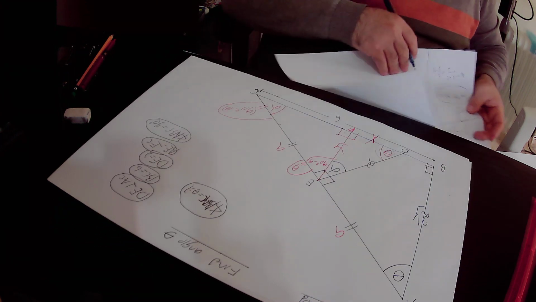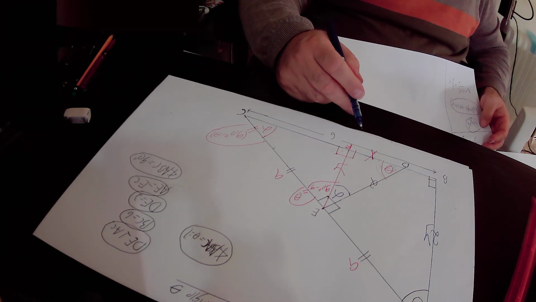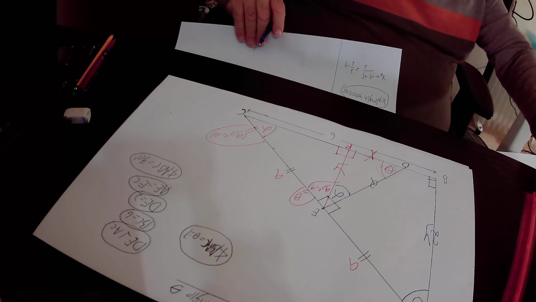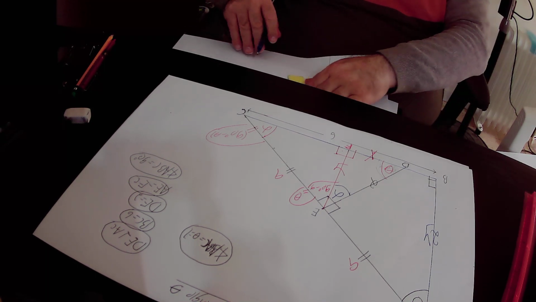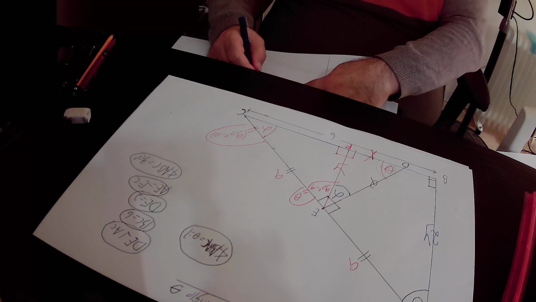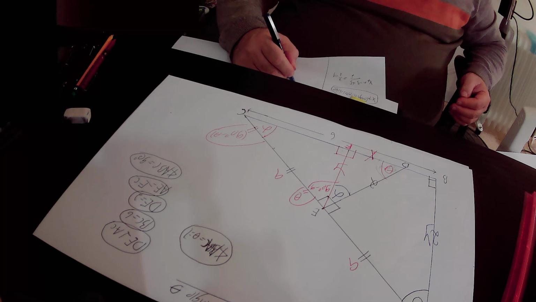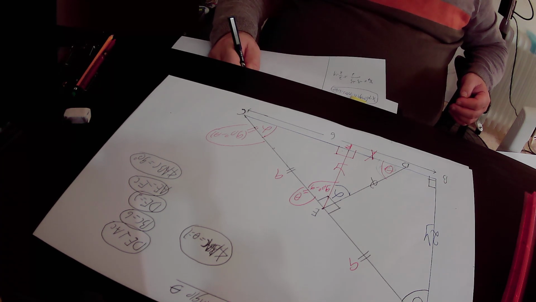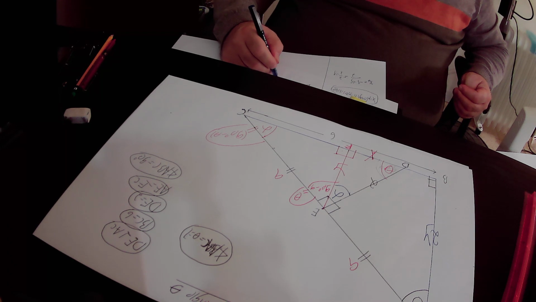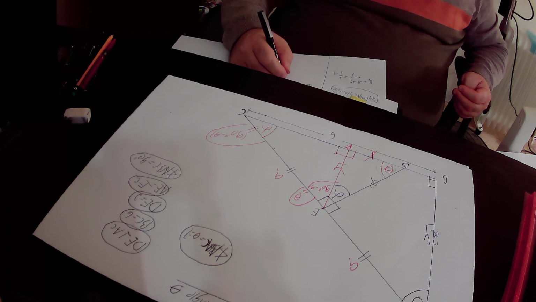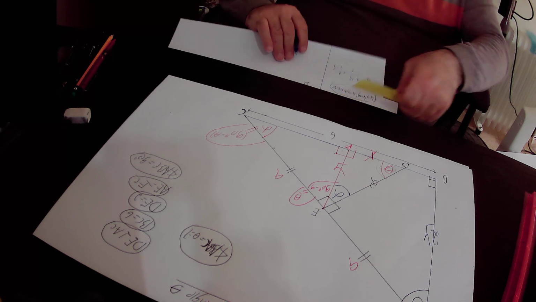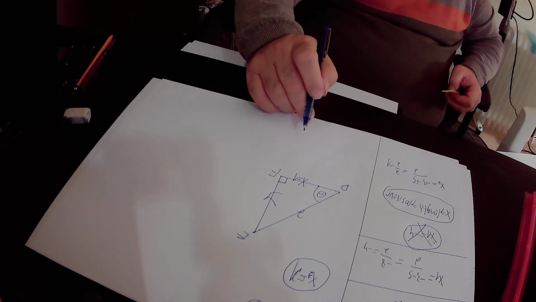So I will copy the right triangle EDF, and we will find the cosine theta of the right triangle EDF. So this is the right triangle EDF that I copied from the original drawing.